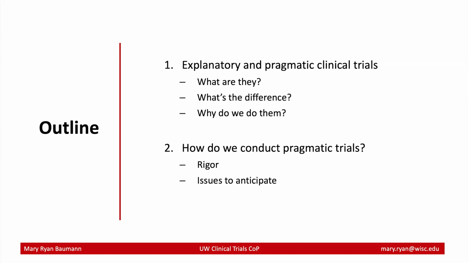As we'll see, there's no one way to have a pragmatic trial. So how to do the trial is very context dependent, but I think there are some general things that you can be thinking about in the process of setting up and designing your trial. And if you have questions at any point, feel free to interrupt me or put something in the chat, and we can chat about it.